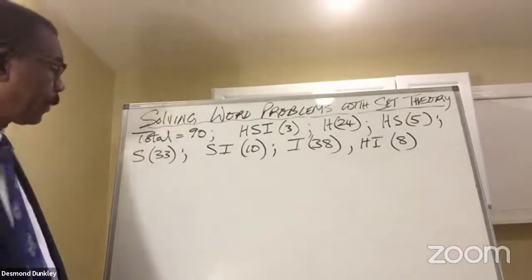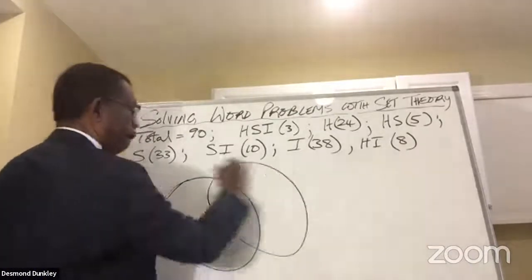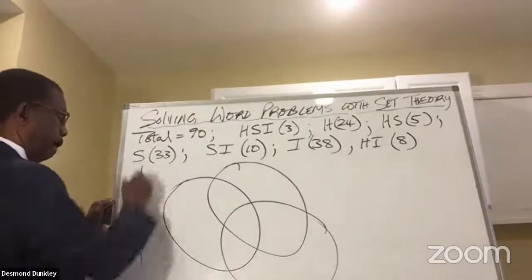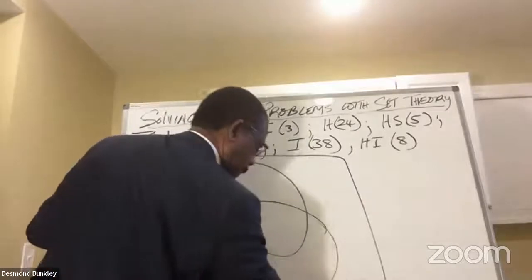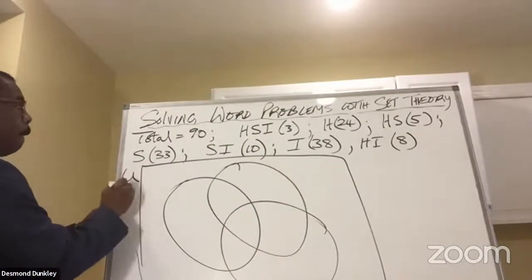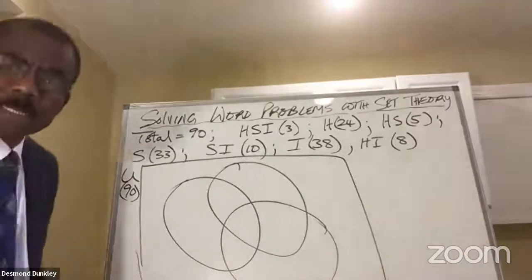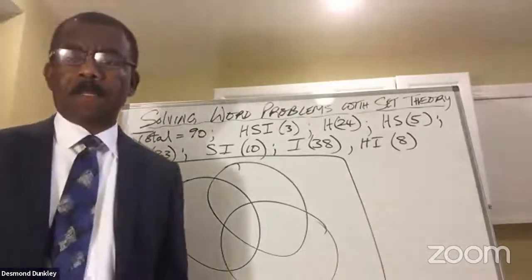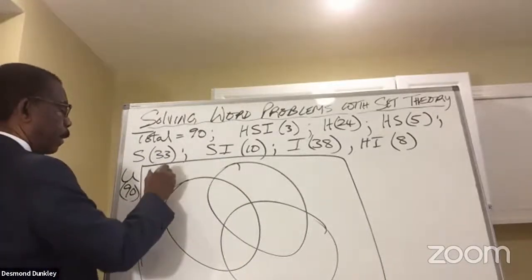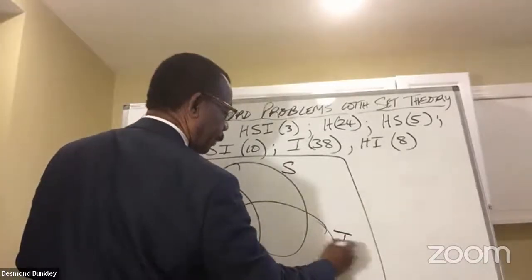Okay, so let's go. So our universal set has a total of 90. So let's use this as hamburger, this as soft drink, this as ice cream.